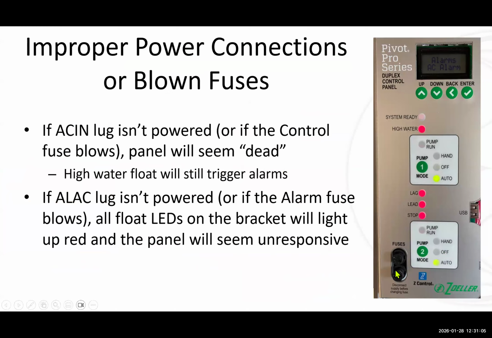Those two fuses correspond directly to those inputs. And so if you don't bring in control power or the control power fuse blows, then the control panel is going to seem dead. Basically, no lights are going to be on. It will look like it's unresponsive. However, if you lift the high water alarm, the alarm will sound, and that's the backup alarm doing its job.